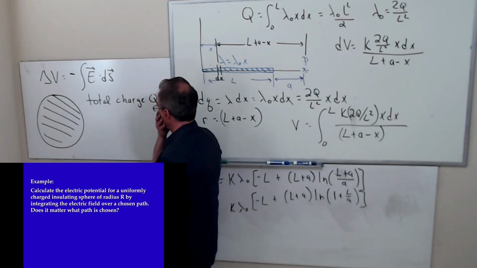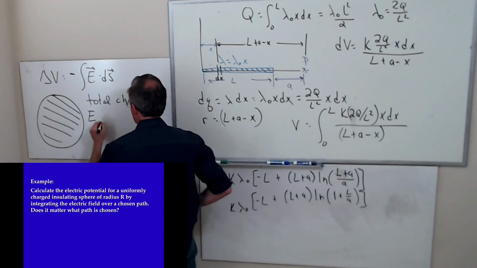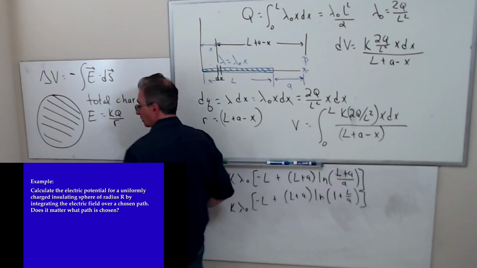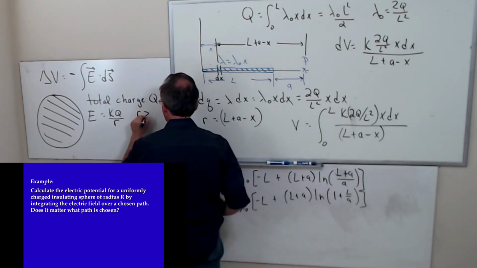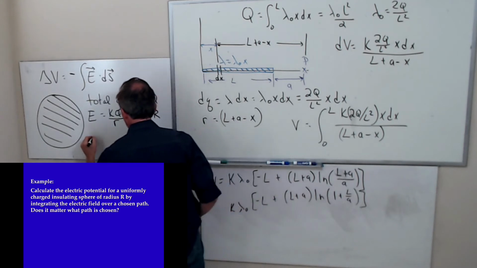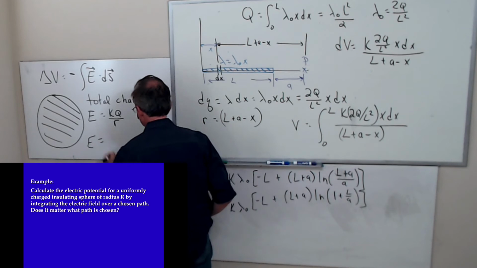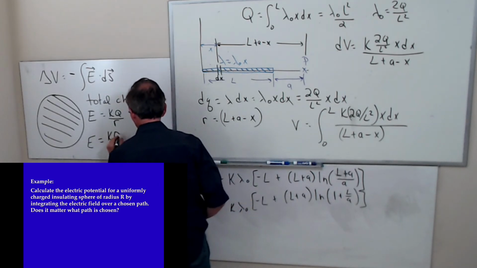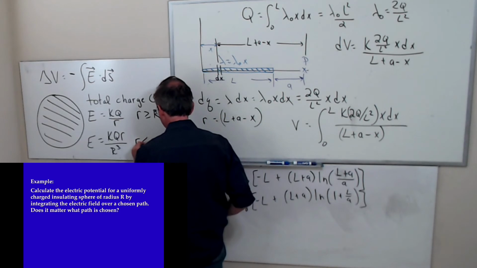The electric field outside the sphere is that. The electric field inside the sphere is going to be given this way. I don't want to derive this, that's why I'm giving it to you.